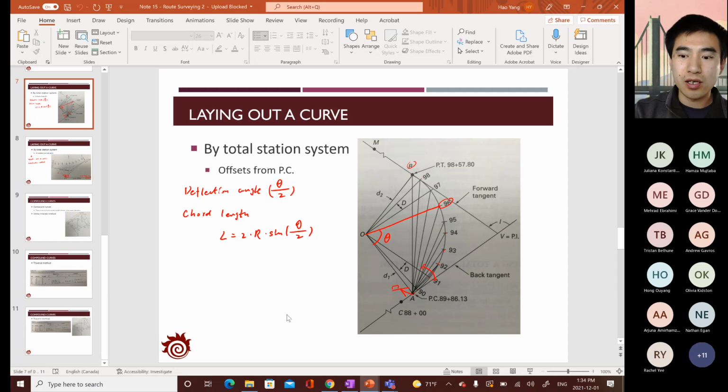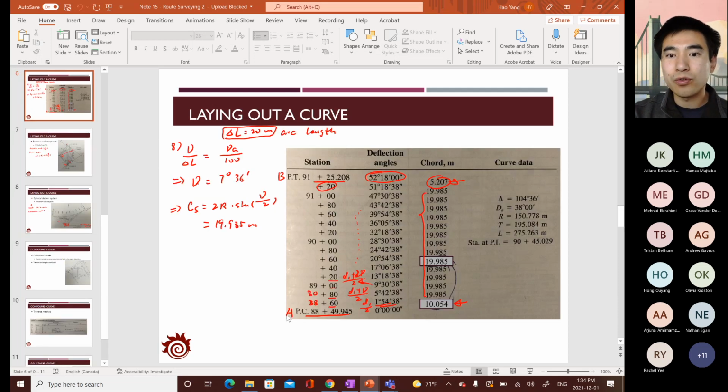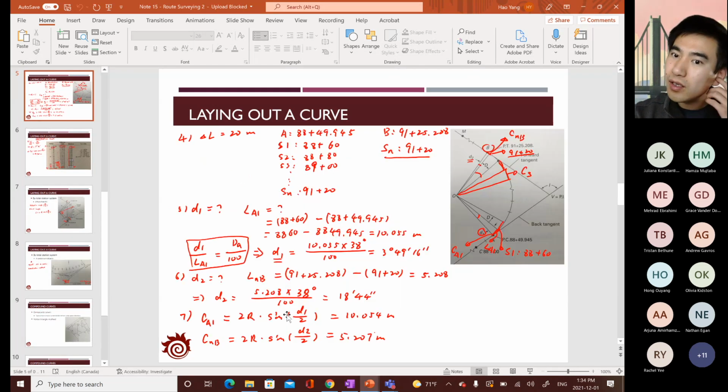And also, we went through the method to find the locations of the stations along the route, along the straight line and along the arc, based on the deflection angles.